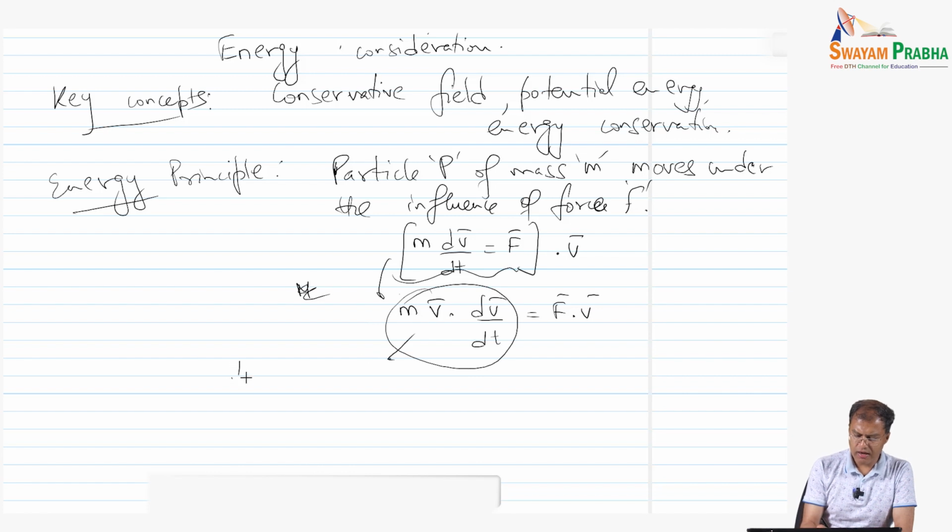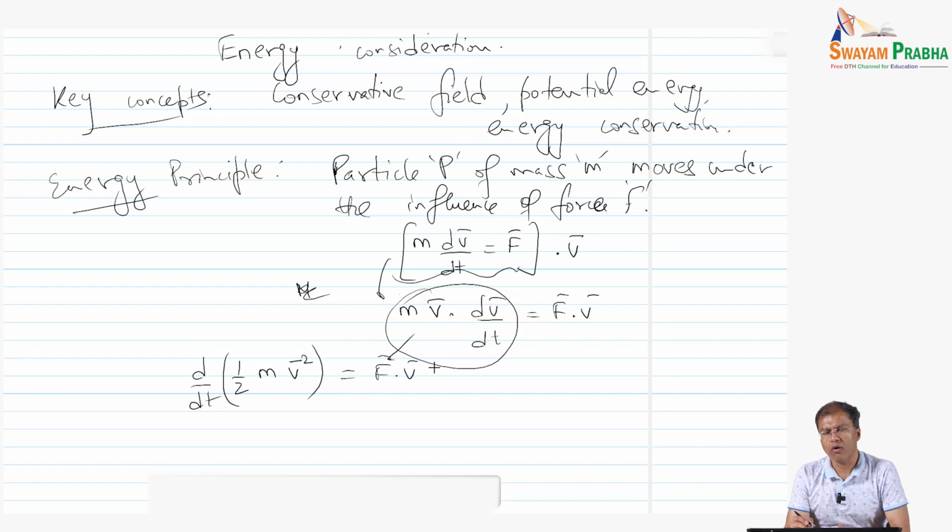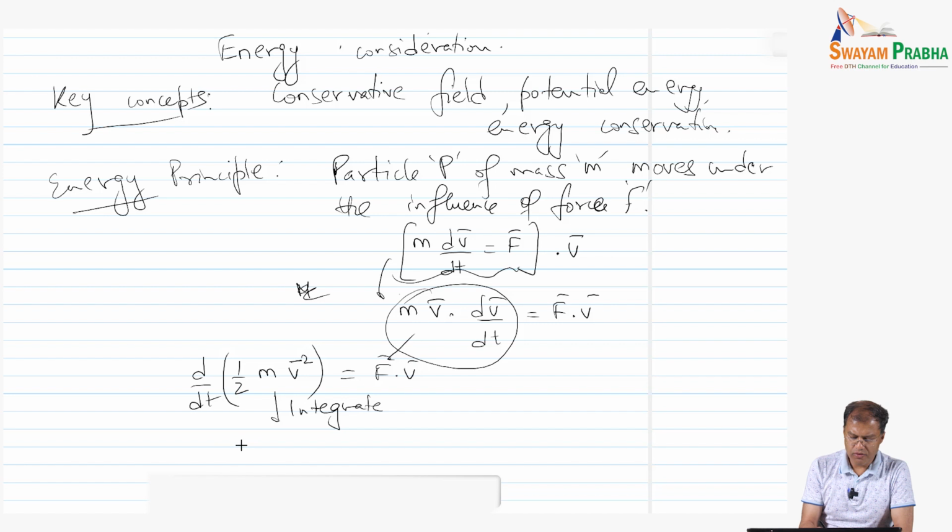The left hand side is the time derivative of half m v squared, and of course the right hand side is F dot v. This is still Newton's second law. But now when we integrate, we see that half m v squared is my so-called term T, where we denote T as the so-called kinetic energy.